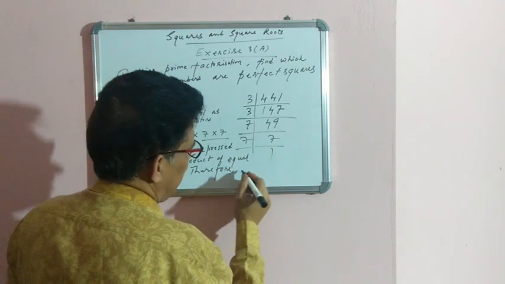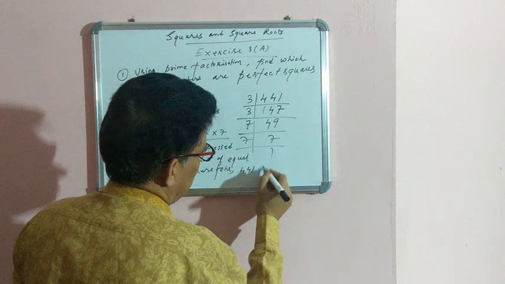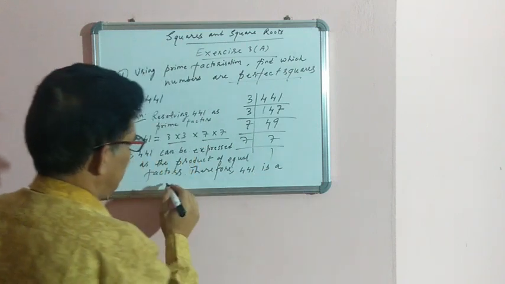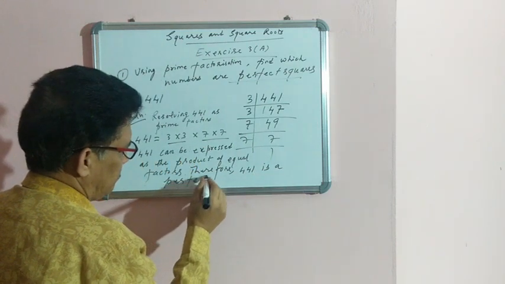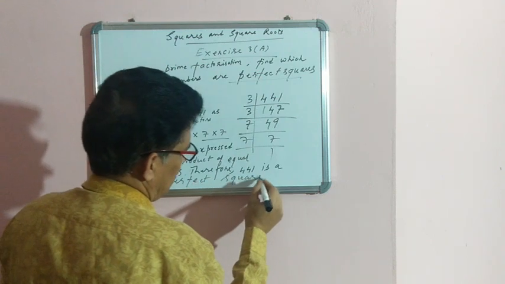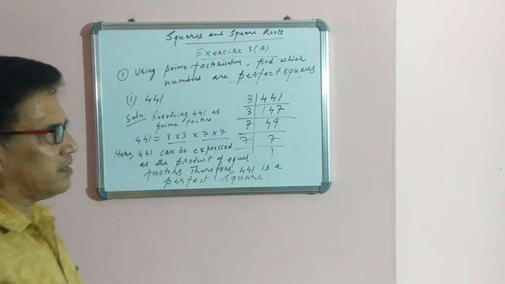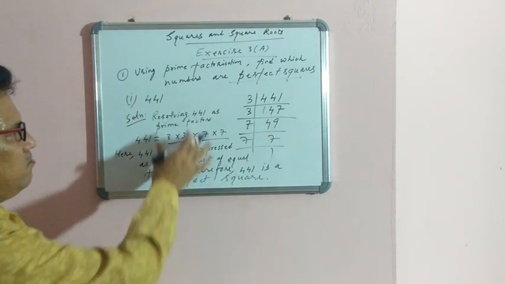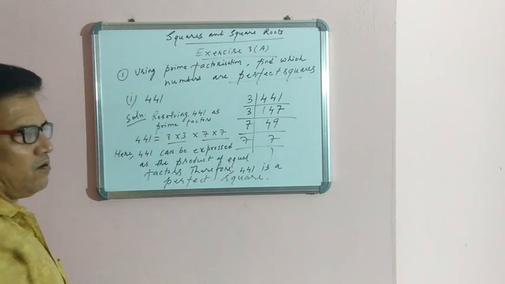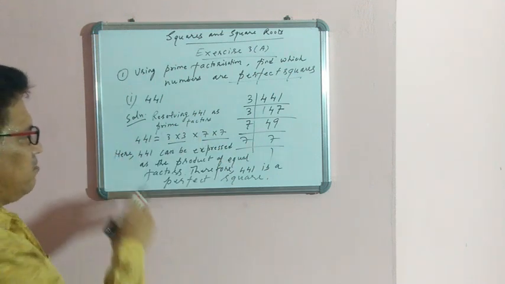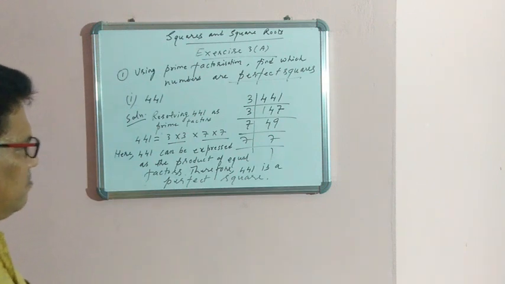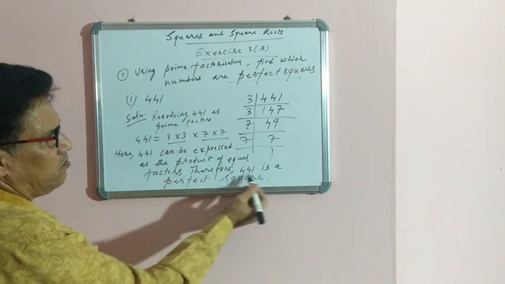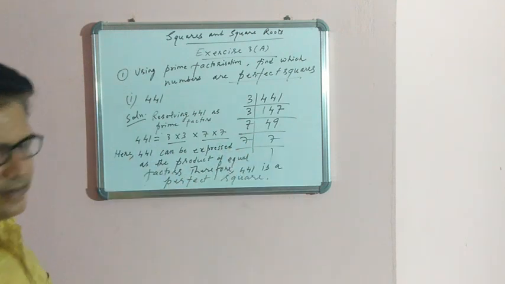Therefore, 441 is a perfect square. So we have checked using prime factorization. What we have done: we did the prime factorization of 441, then wrote 441 in the product form of its prime factors. Then we wrote the statement from the test of a perfect square: it can be expressed as the product of equal factors. Therefore it is a perfect square.